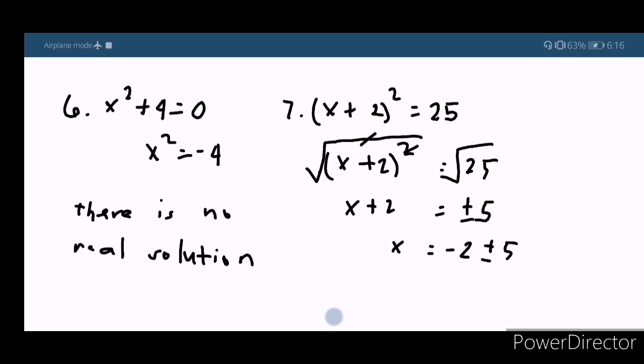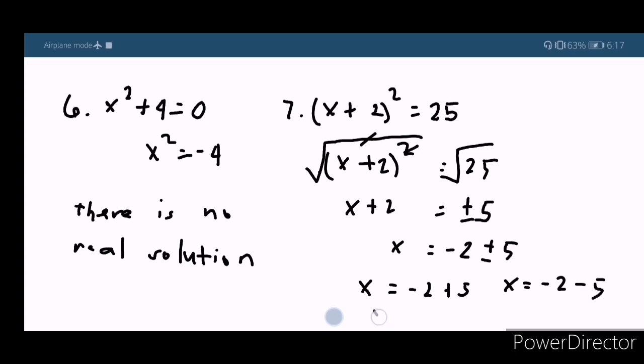Okay. So, since pwede pa natin itong i-simplify, we can split our answers into two solutions. Okay. So, yung una natin ay x equals negative 2. Kunin muna natin yung plus 5. Dito naman ay x equals negative 2. Kunin natin yung minus 5.